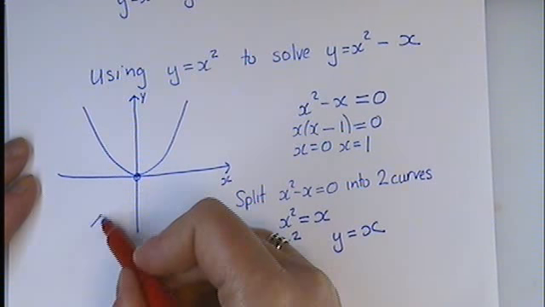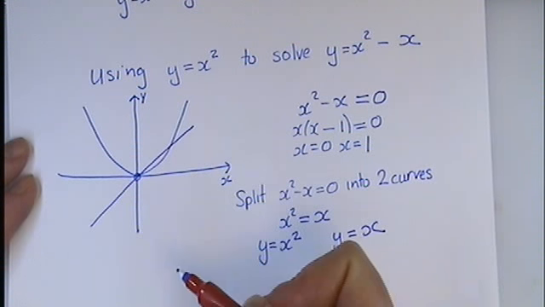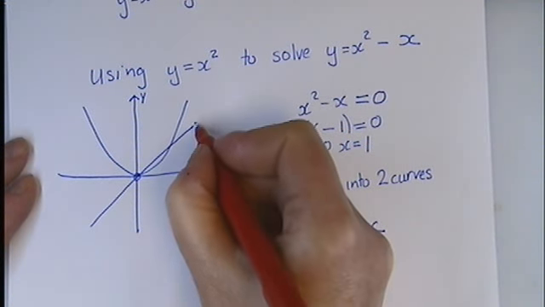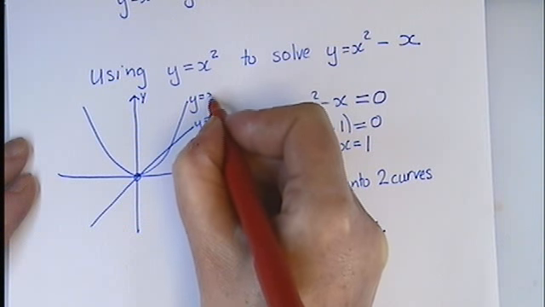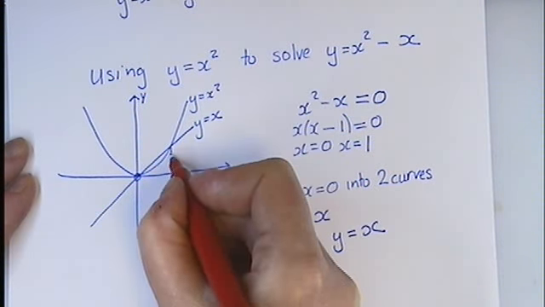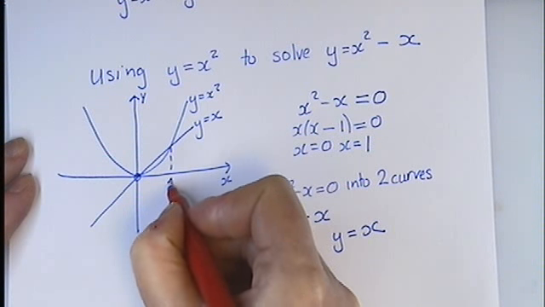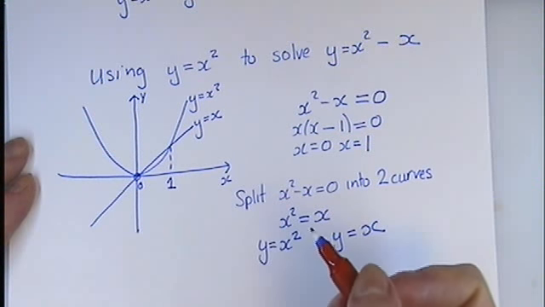So I have a line, gradient 1, so it's y equals x. This is y equals x squared. And that coordinate there is 1, and I have 0.